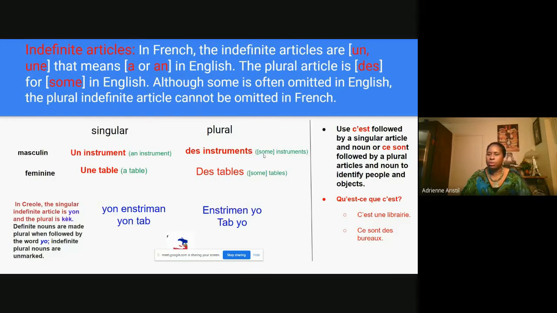You see, I put some in parentheses because you could have said instruments without the some. But in French, you really have to, you cannot just say instrument. You have to say des instruments. The same for feminine plural, des tables.